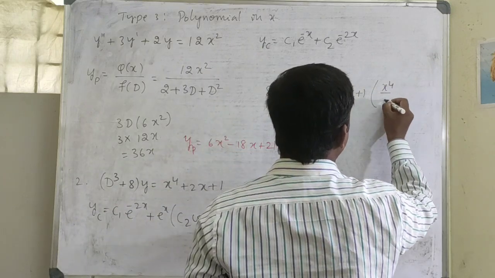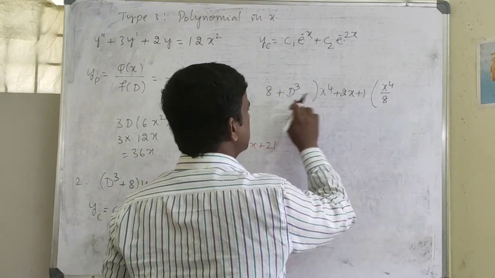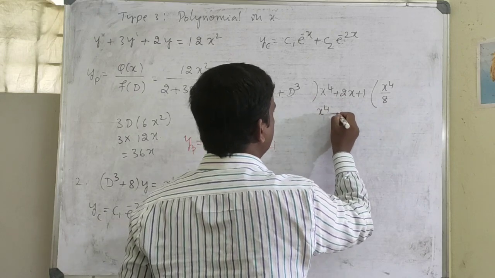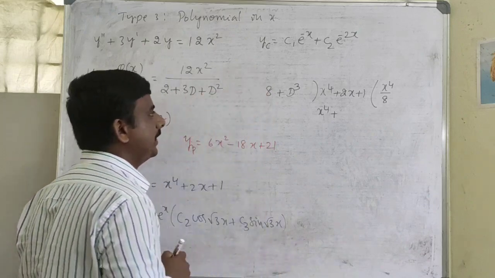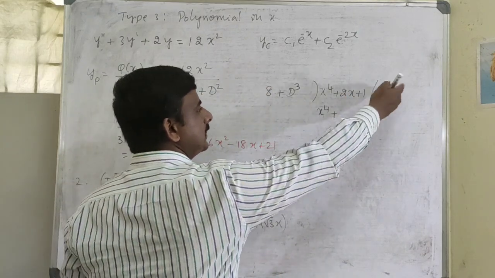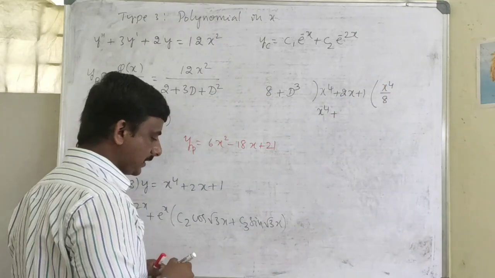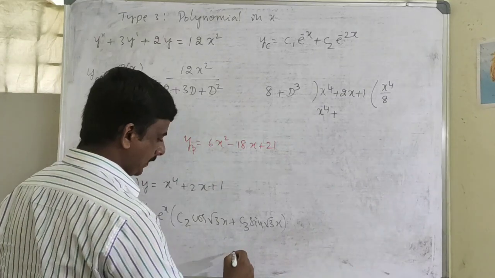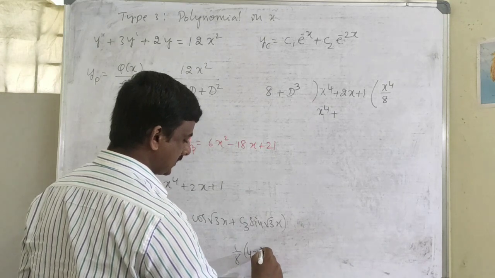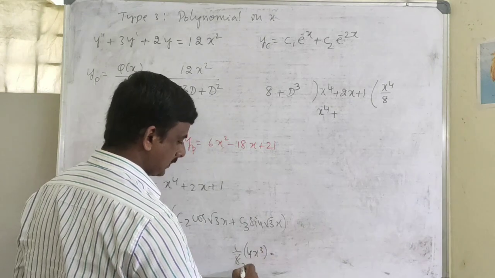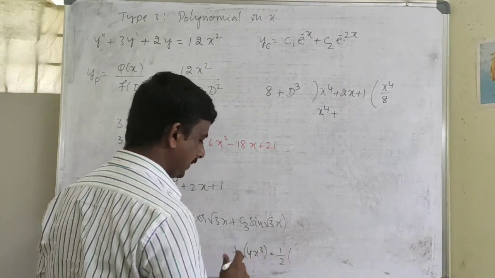So, multiplying these two, you get x power 4 plus x power 4 by 8 into d cube. That means I have to differentiate this 3 times. So, differentiate it once, what do you get? 1 by 8 I get. If you differentiate it once, that will be 4x cube. That is 1 by 2 into x cube.